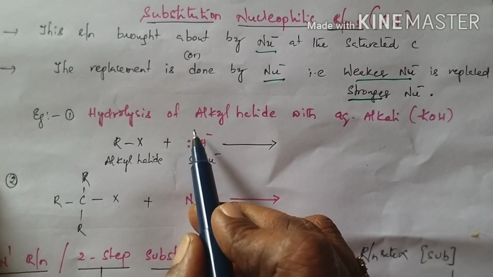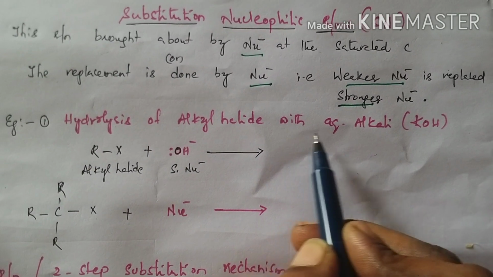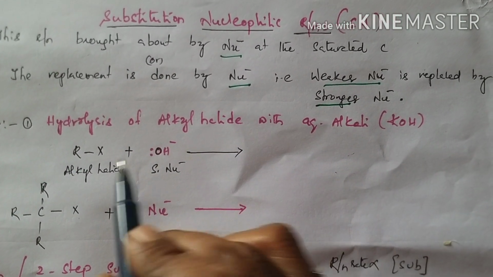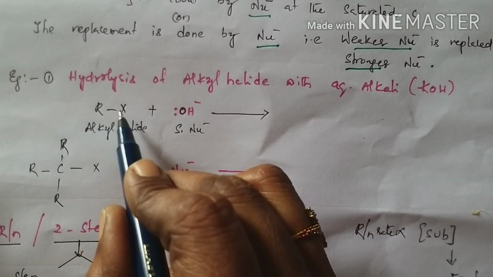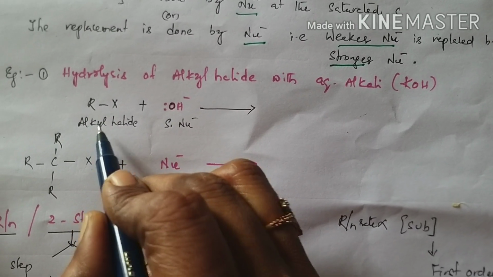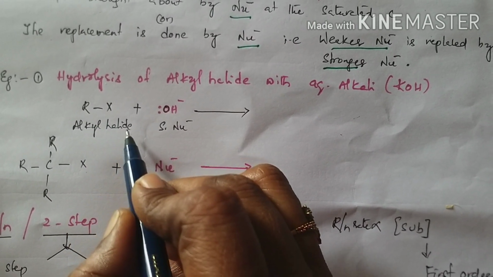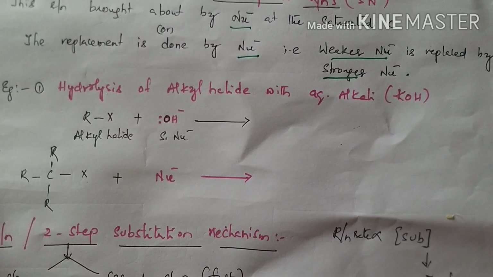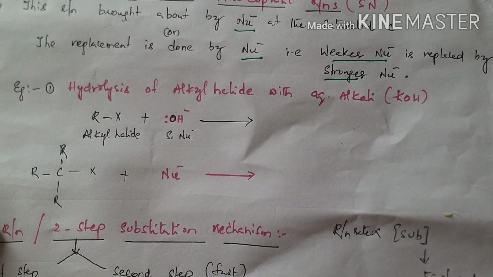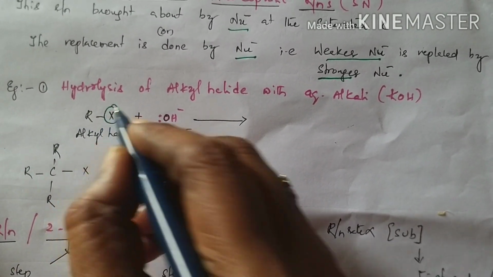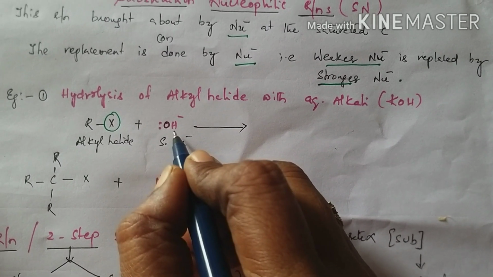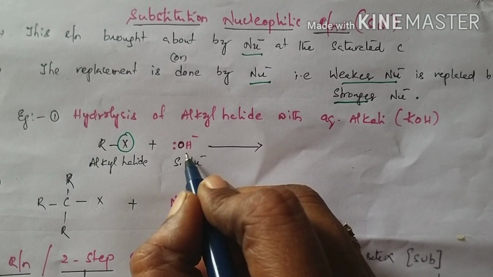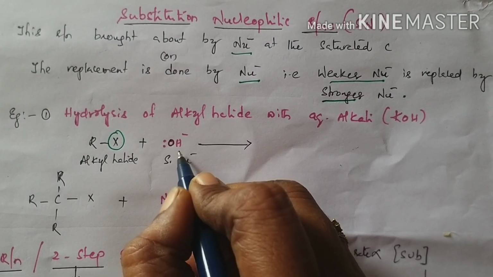For example, hydrolysis of alkyl halide with aqueous alkali. This is the structure of an alkyl halide, where R is the alkyl group and X is the halide. Here the halide group is replaced by another nucleophile like OH minus. OH minus is the stronger nucleophile.